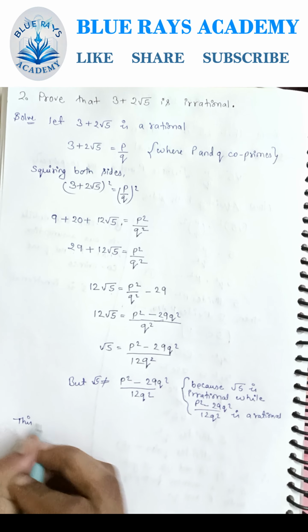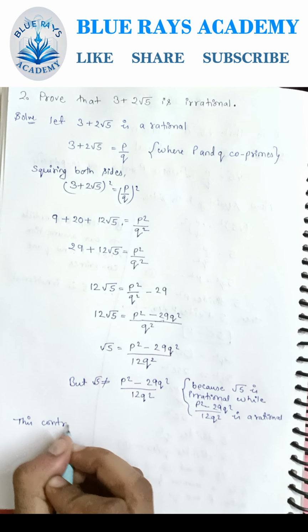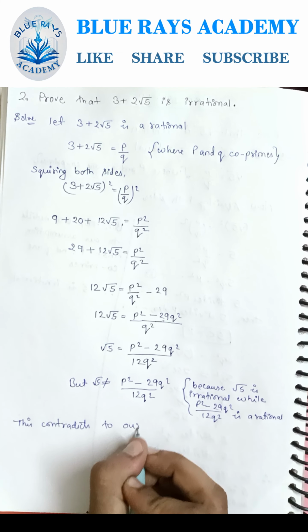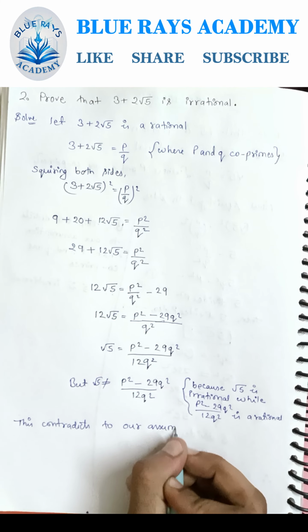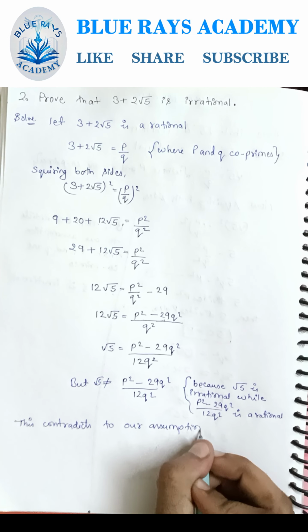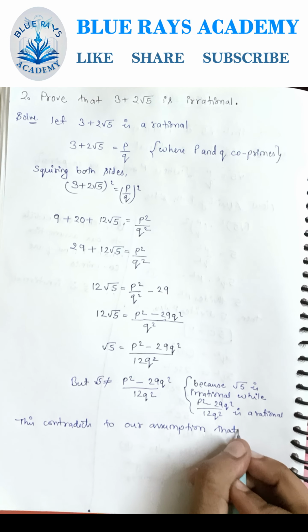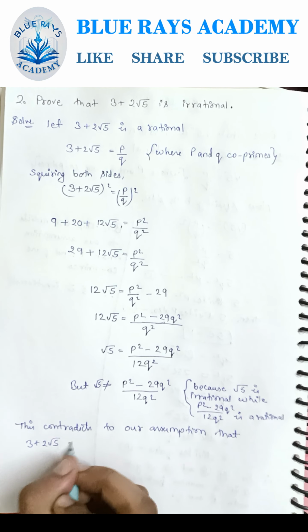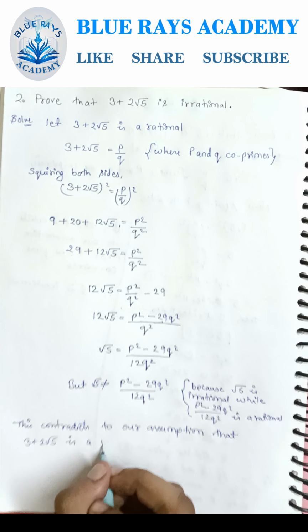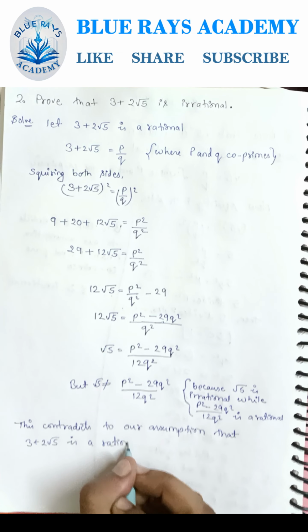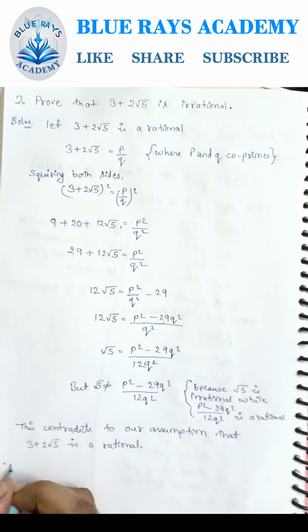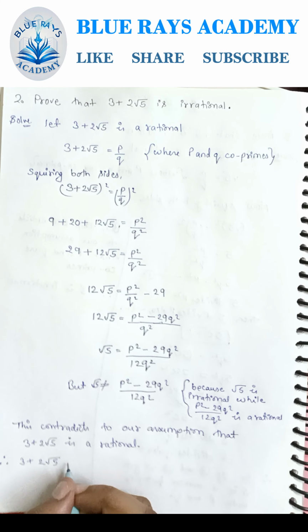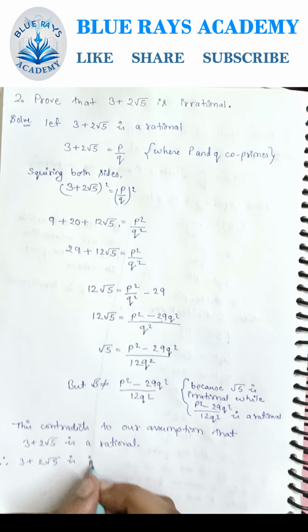This contradicts our assumption that 3 plus 2 root 5 is rational. Therefore, 3 plus 2 root 5 is irrational.